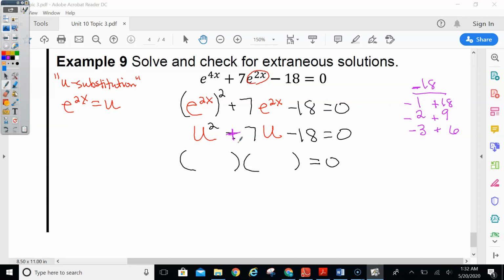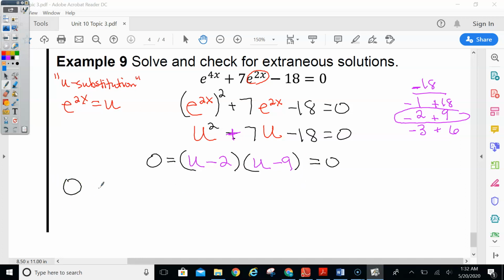So which one gives me 7? u minus 2, u plus 9. Okay, so now at this point, to solve for u, I need to set both of them equal to 0 and solve.